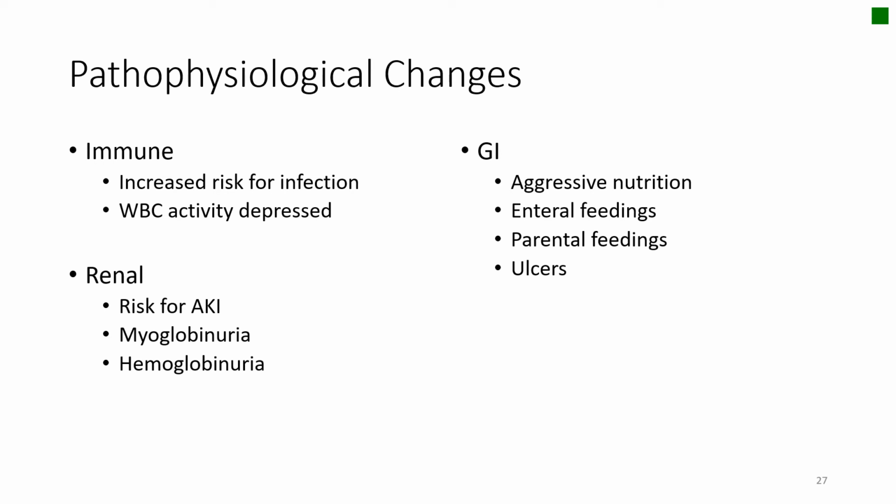GI system: it's important to provide aggressive nutritional support. Remember, these patients are in a very hyperdynamic state. Again, carbohydrate is more effective than fat in maintaining body protein levels. Enteral feedings, again, preoperative NPO guidelines must be kept to a safe minimum to prevent the patient from reverting to a catabolic state, so it's very important to think about your NPO status.